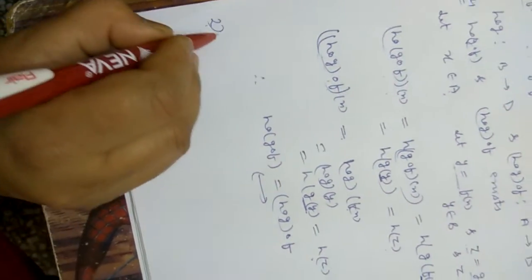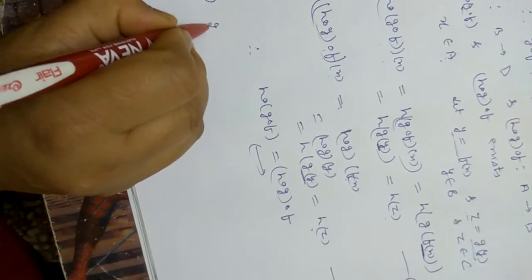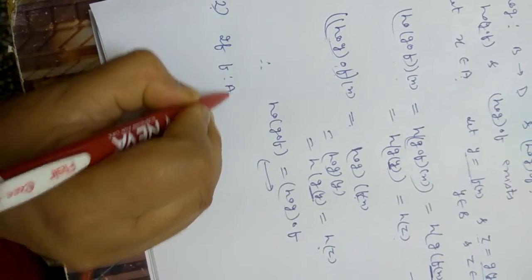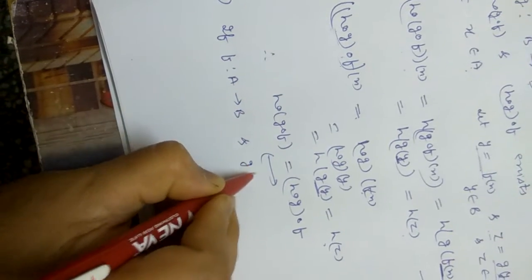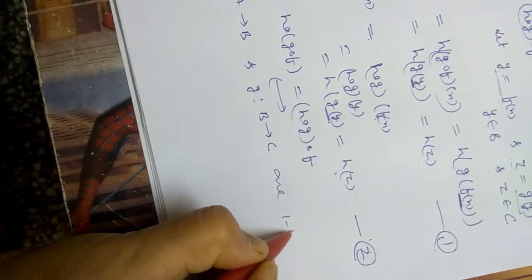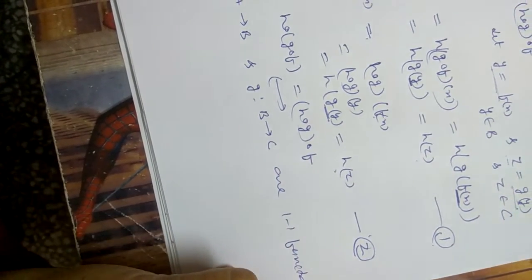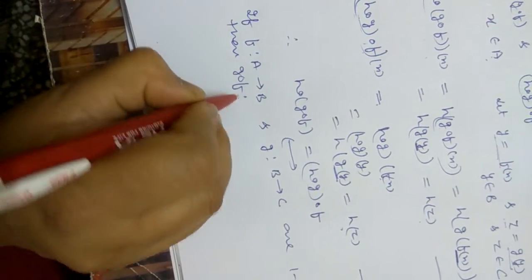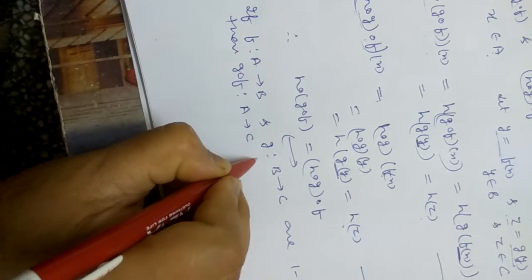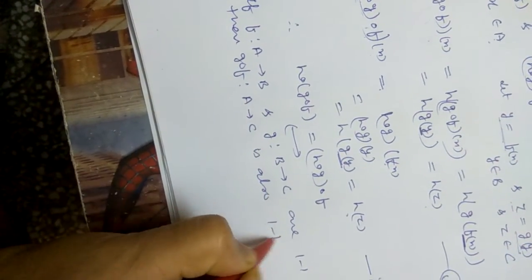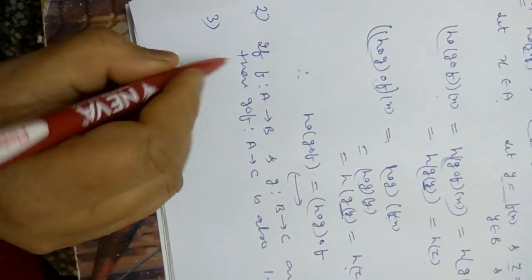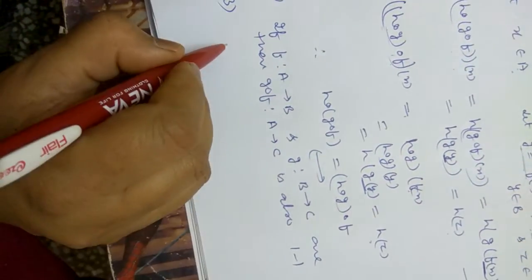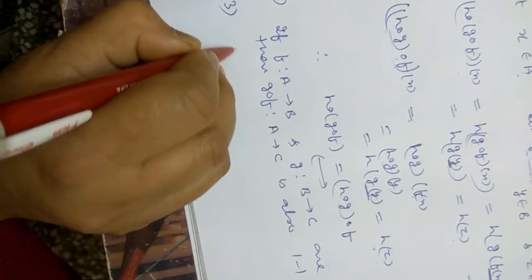Now, second property: if f is a function from A to B and g is a function from B to C are one-one functions, then g∘f is a function from A to C is also one-one. And third one, the composition of onto functions is onto.